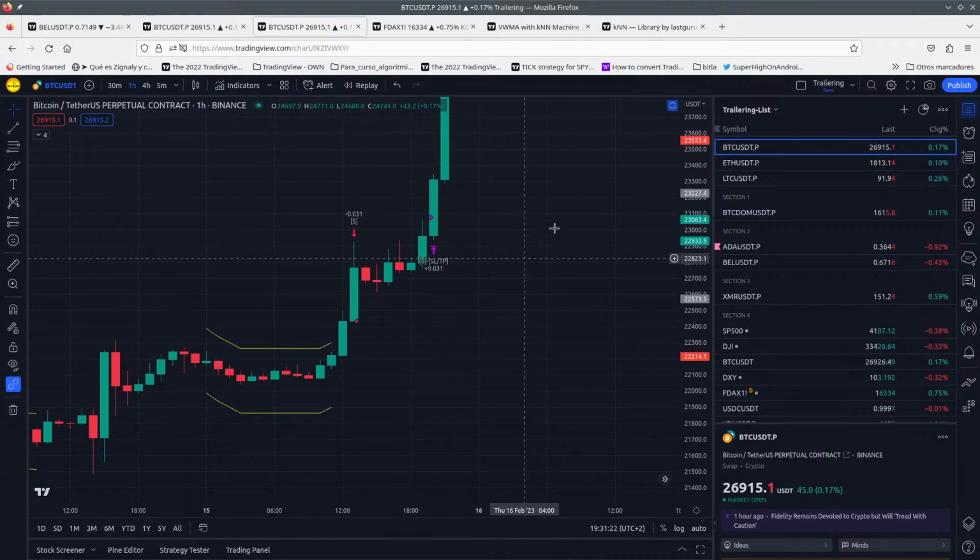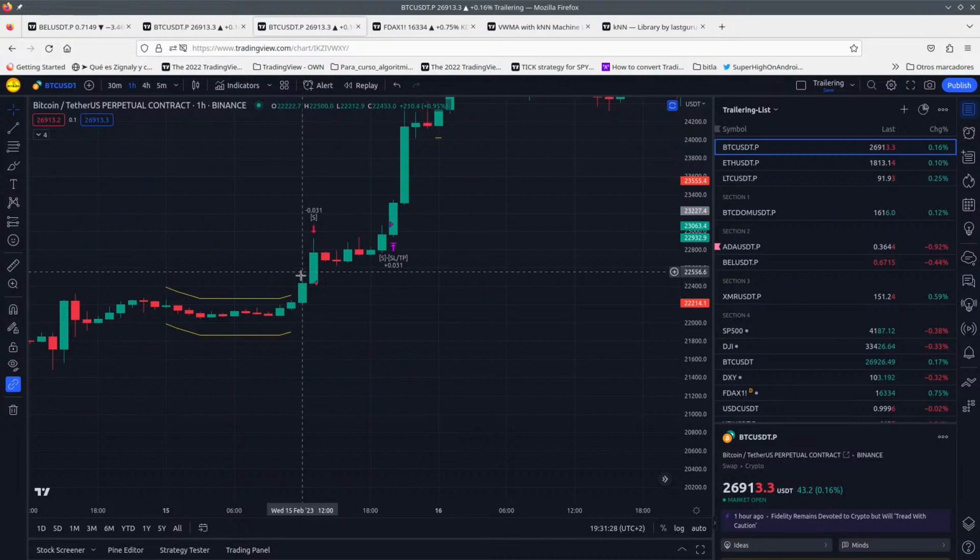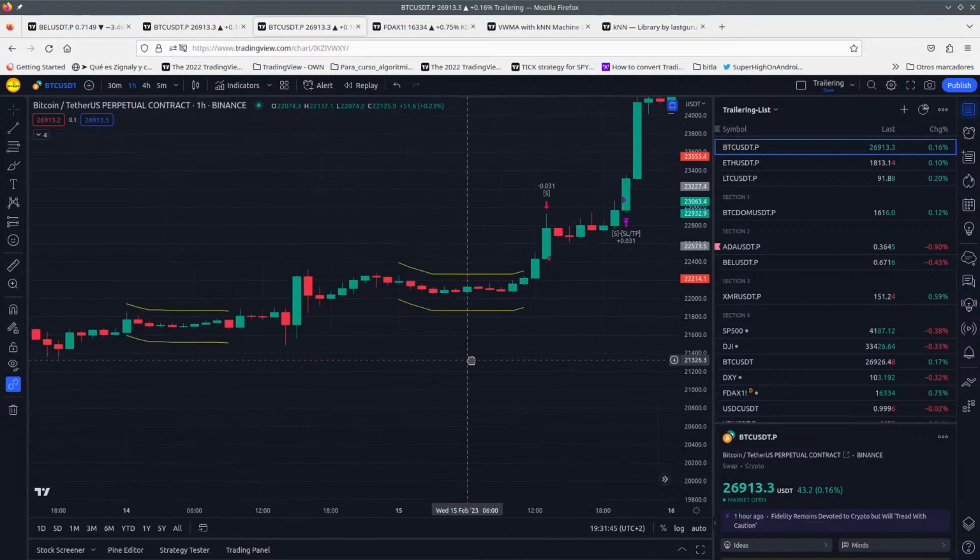Okay, let me see this one. This one is very obvious that we should not trade here, but why? Because we have high and high. That's to be expected because we are breaking up. So high, and then high. So the high is higher.